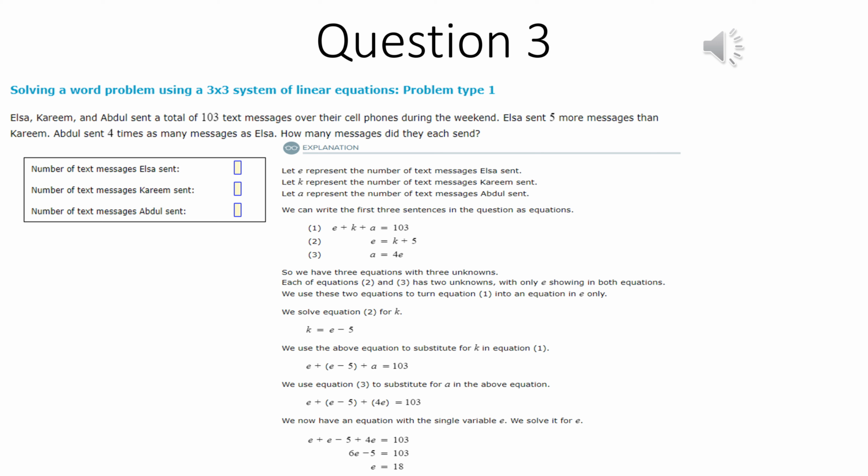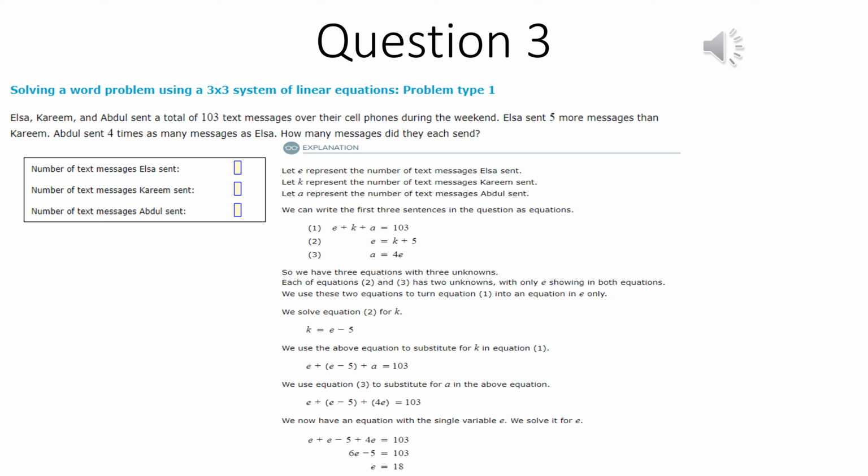When you finish the setup of the equations, now the algebra. You take advantage of the fact that some variable is missing. For example, you take the second and third equations, in which some variable is missing, and you isolate K: K is equal to E minus 5.